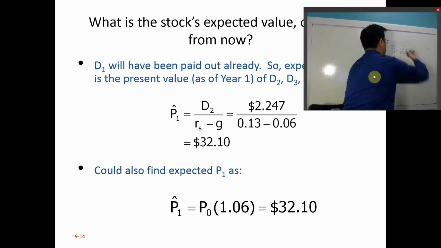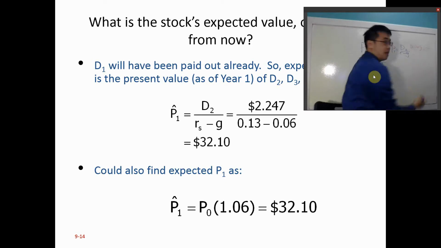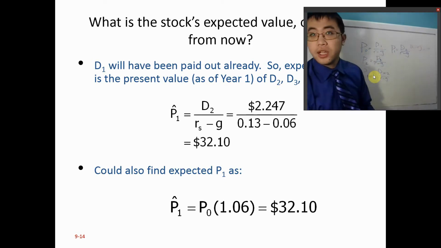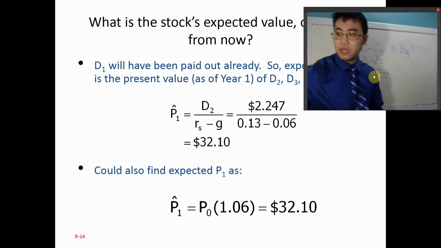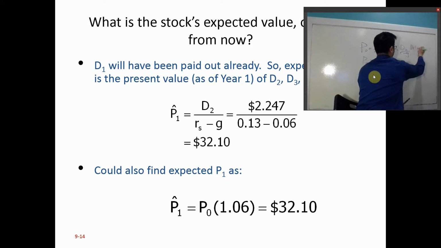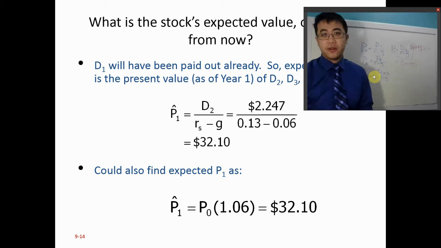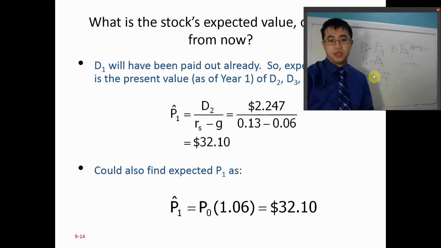Dividend 2 is dividend 1 times 1 plus G. So dividend 1 over R minus G is basically price 0, and price 1 is price 0 times 1 plus G. That's how you get the valuation done for the next period.